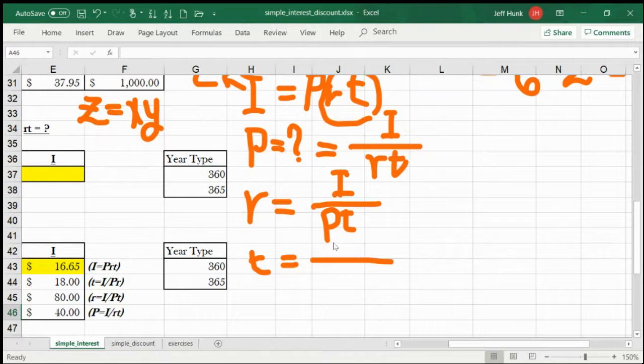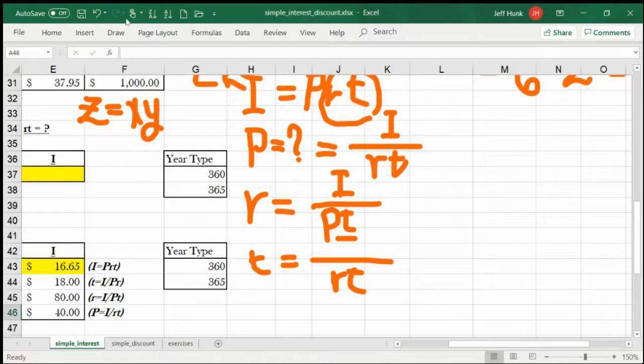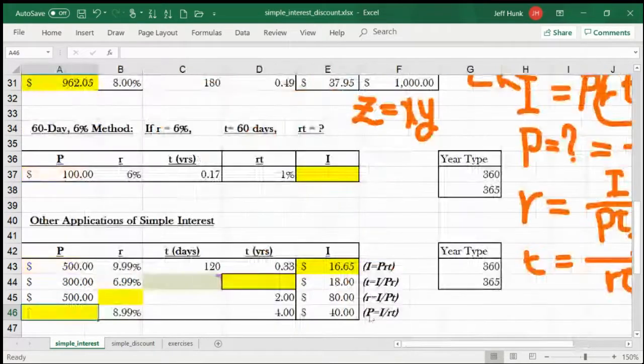You divide I by r times t. Yeah, this doesn't look nice, so let me draw again. Okay, that makes sense.